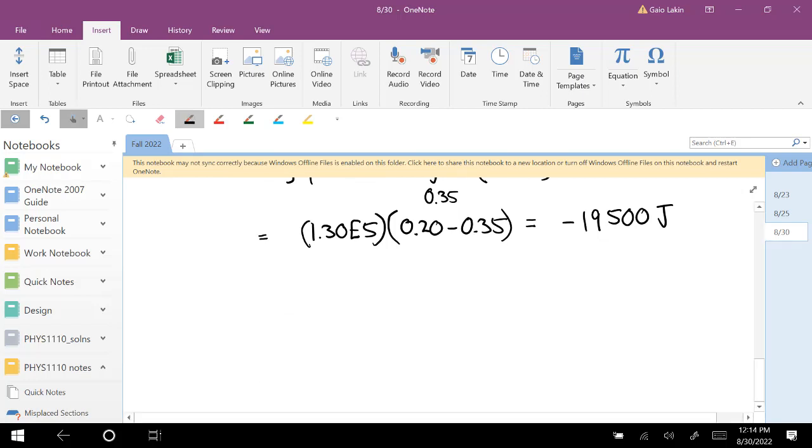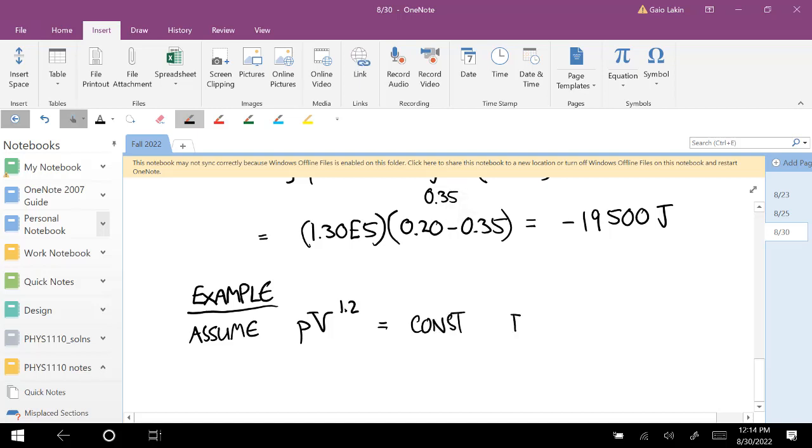Okay, here's another one. I guess both of these first two don't have to do with the first law. They're just calculating this integral. So for this one, let's assume for this process, P times V to the power of 1.2 is a constant.